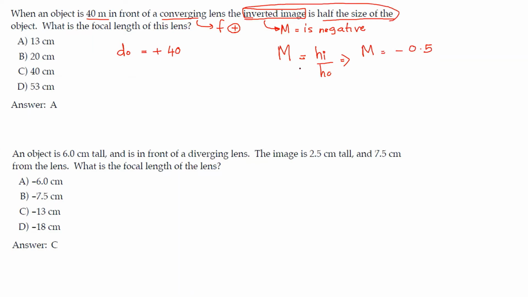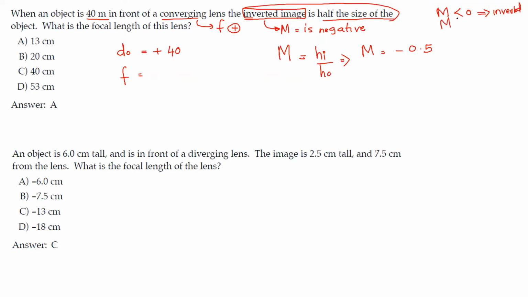Okay. So do you get that it is negative and 0.5? Okay. So they're asking for F. So I got a question to explain it again. Do you remember that the value of M, if it is negative, means it's an inverted image?